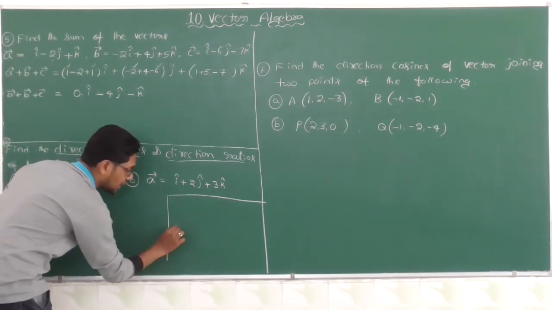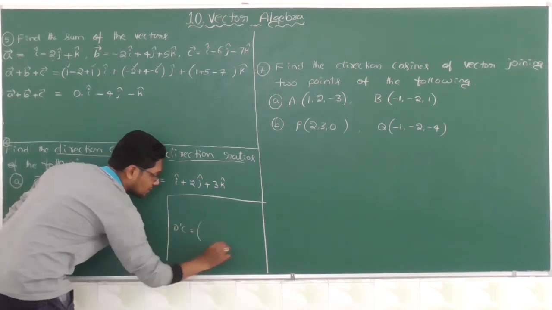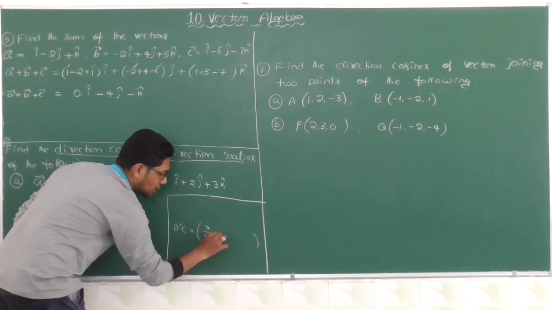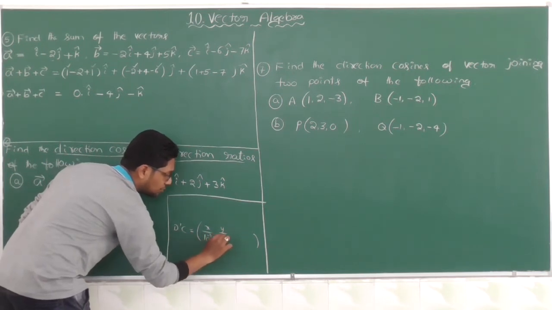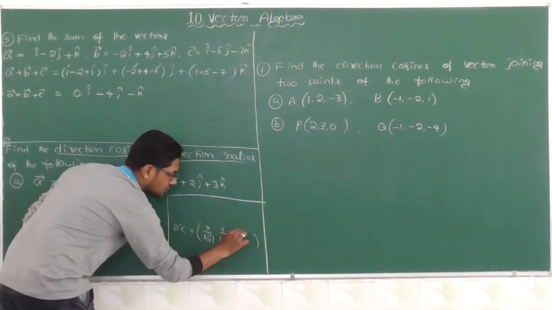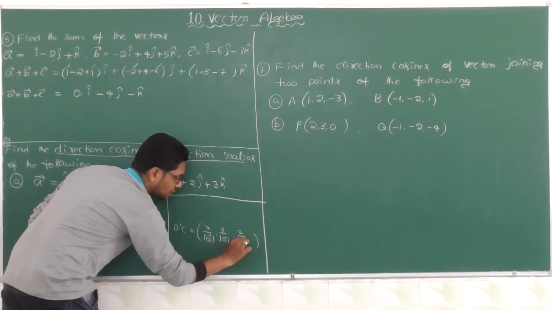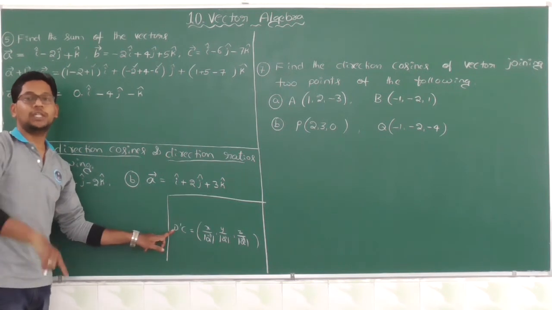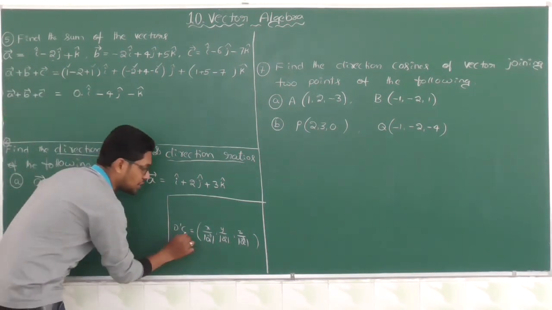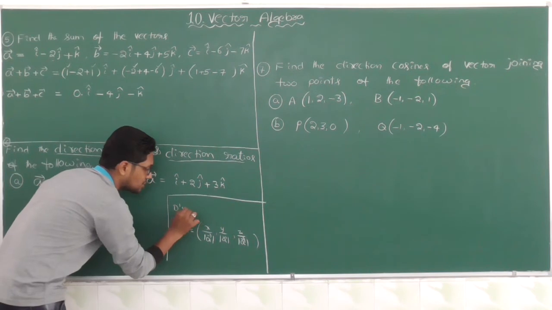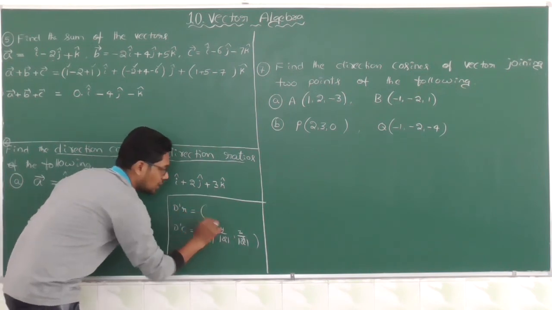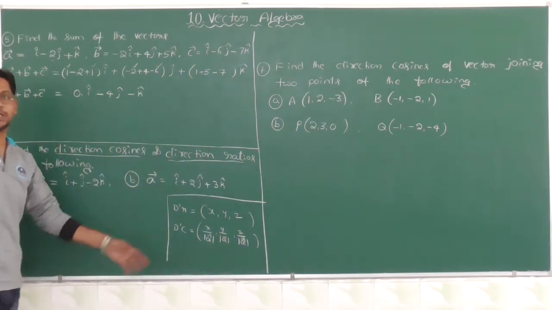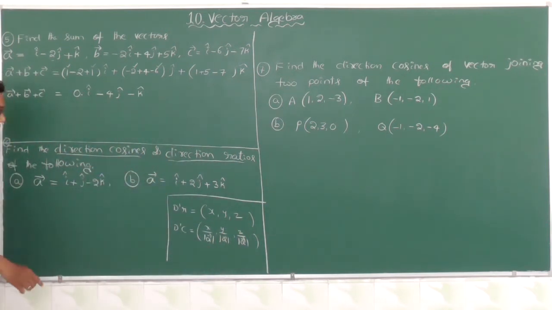Direction cosines are x by magnitude of A, y divided by magnitude of A, z divided by magnitude of A. Here x, y, z are the scalar components or vector components, the direction ratios.